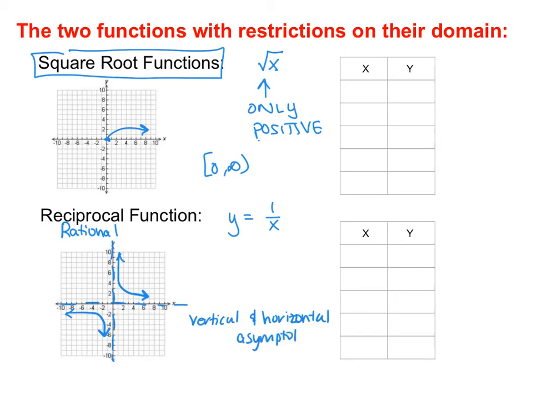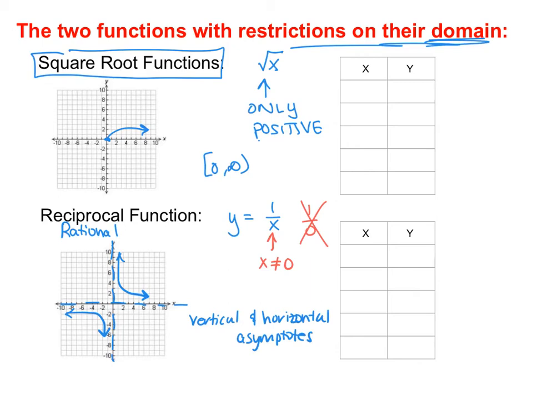The reason I'm telling you about this now is because I want to talk about these restrictions on the domain, because whenever you have a fraction, you cannot divide by 0. 1 divided by 0 does not exist. So this right here cannot be equal to 0. This is going to come into play in a little bit, but that's super important. You're not going to deal with it today.